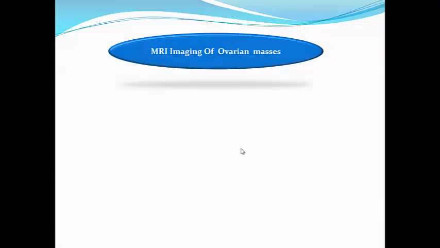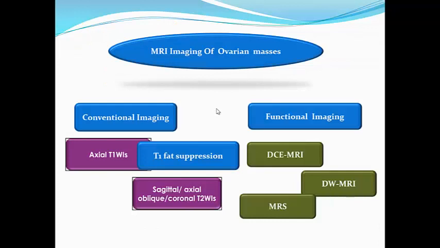MRI imaging of ovarian masses. We have conventional imaging: axial T1, sagittal, axial oblique, and coronal T2, because T2 is the sequence in which we can see the anatomy, and T1 fat suppression. This is the conventional imaging that we use for MRI characterization. When we want characterization of a lesion, we do conventional imaging; we do not have to proceed to functional imaging.